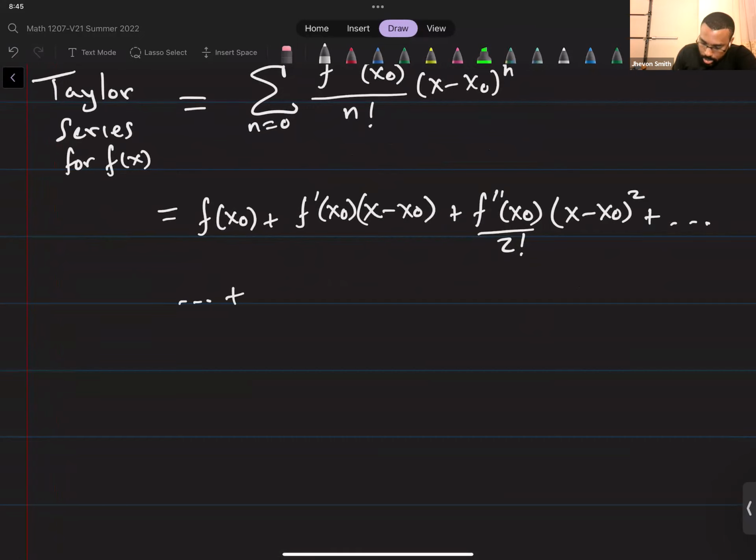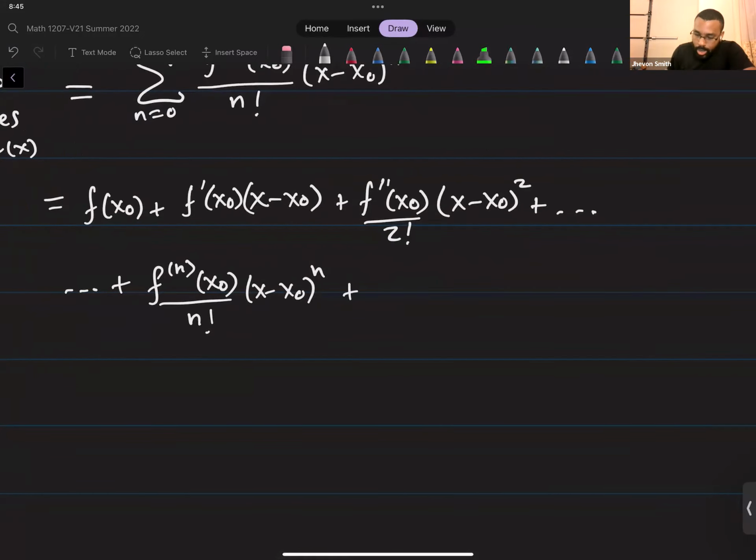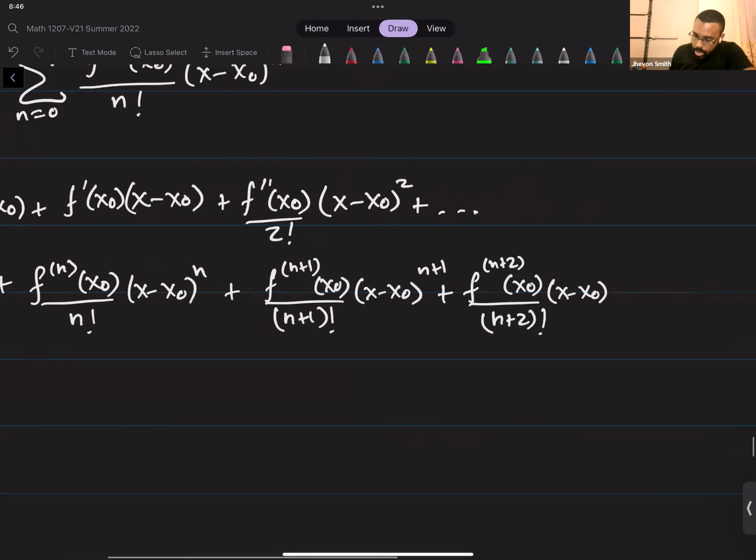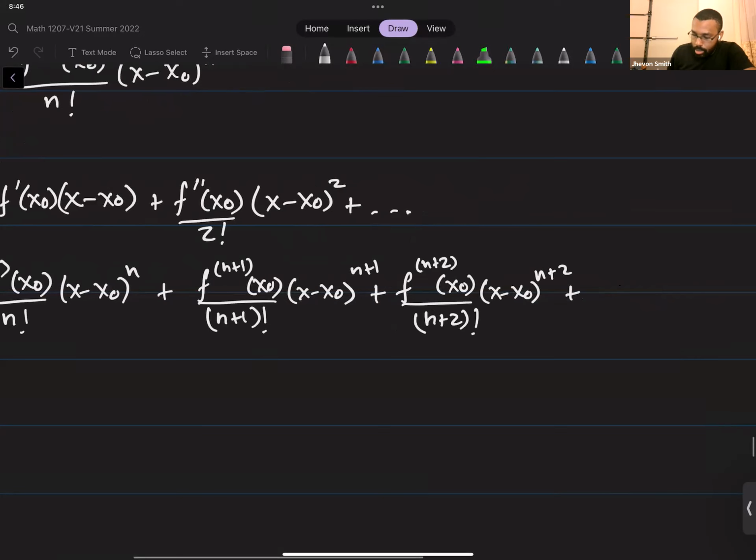You can keep going until you get to the nth derivative evaluated at x naught over n factorial times x minus x naught to the n. But of course, it goes on to infinity, right? So you can keep going: the n plus first derivative over n plus 1 factorial times x minus x naught to the n plus 1, plus the n plus second derivative over n plus 2 factorial times x minus x naught to the n plus 2, plus and so on.